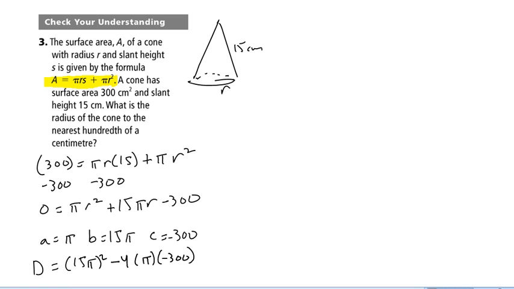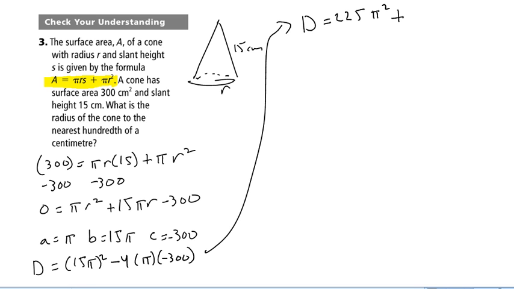Notice leaving the pi's in here really reduces our rounding errors. We can just punch it all into the calculator as one thing at the end, and we'll end up with no rounding errors at all. So 15 pi squared is going to be 15 squared, 225, times pi squared, plus negative 4 times 300 is 1200 pi.